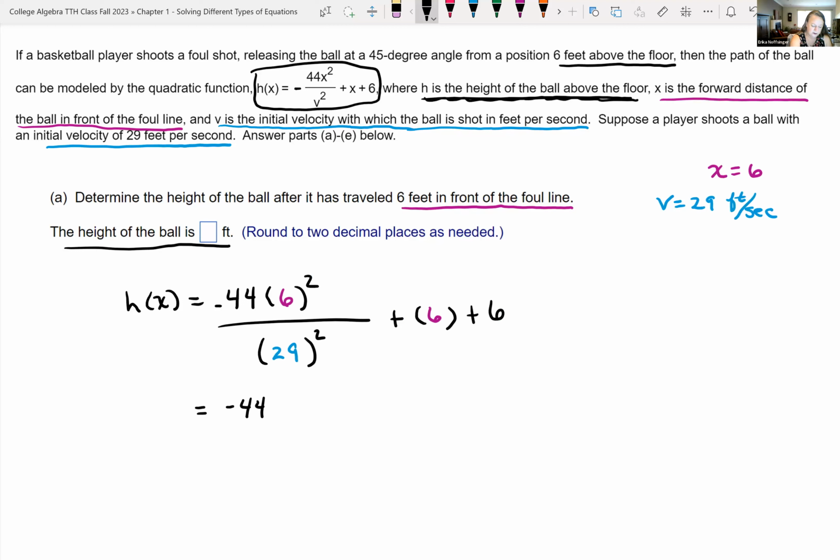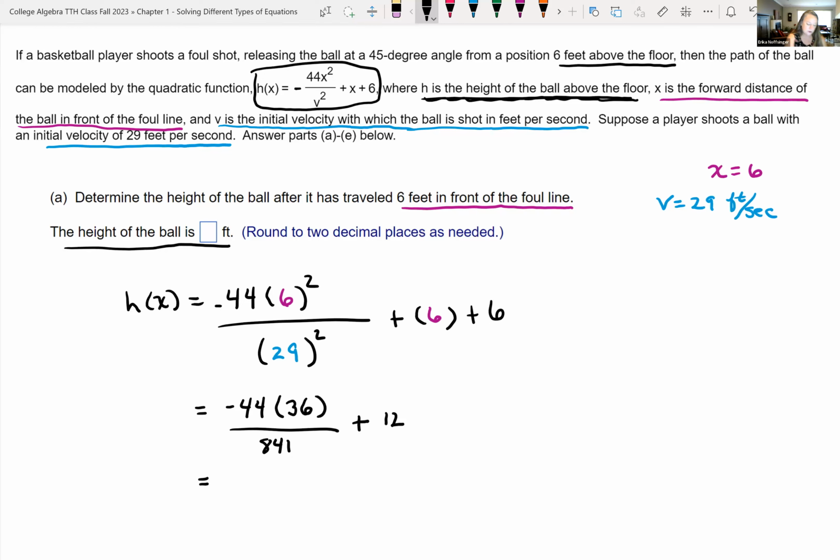So we have negative 44 times 6 squared, which is 36, all over 29 squared, which is 841, plus 6 plus 6, let's just sum that, which is 12.